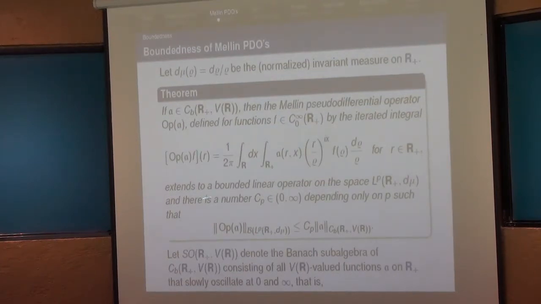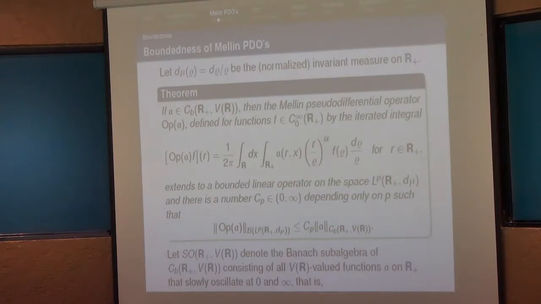This operator extends to a bounded linear operator on this space for any p in the interval 1 to infinity, and the norm of this operator is controlled by the norm of the symbol in such a class. By the way, this result was generalized with dependence on the spatial variable of class L infinite. So when this function is a bounded measurable V(R)-valued function, this result remains valid.